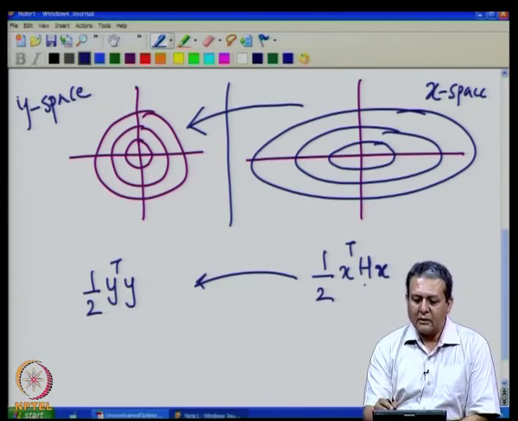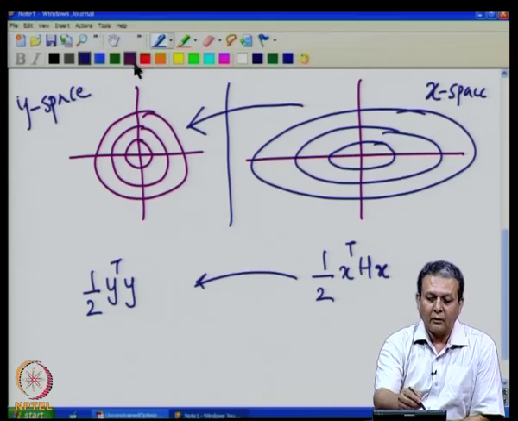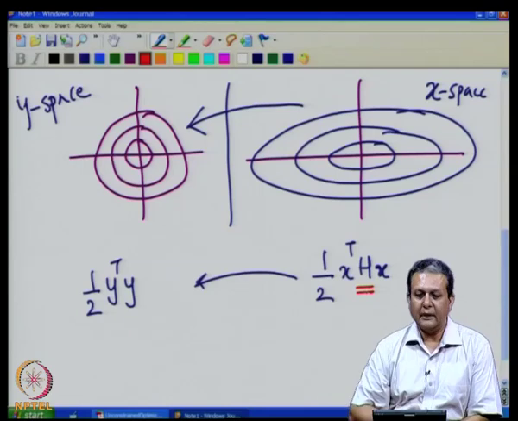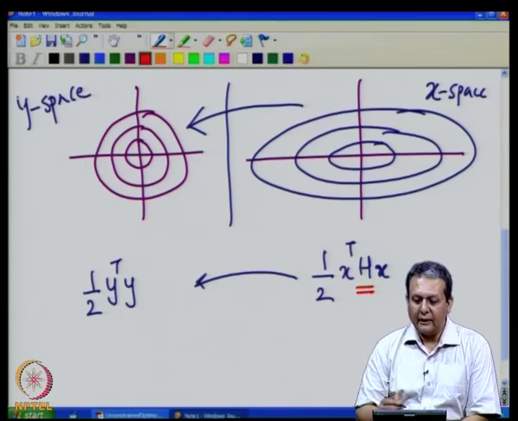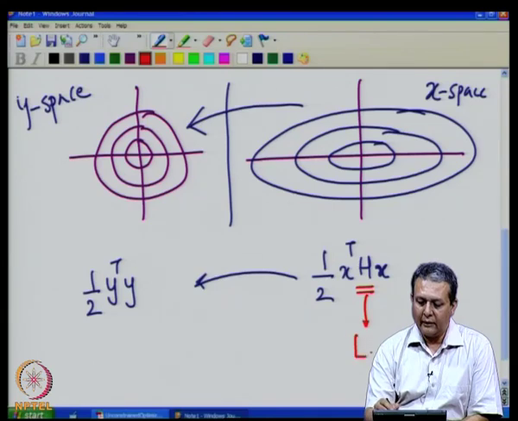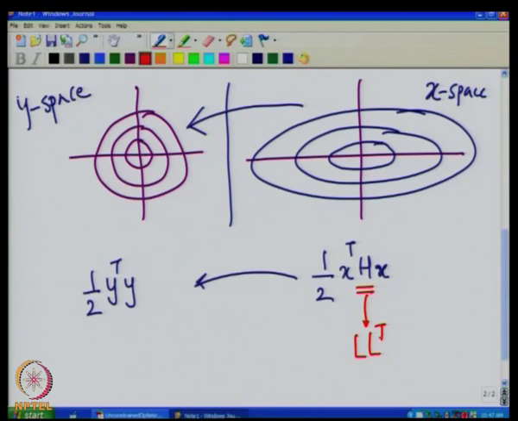For that purpose, we need to look at this matrix H. Now, suppose we can write H to be L L transpose using the Cholesky decomposition of H, and then to convert x to y, suppose we use the following transformation.